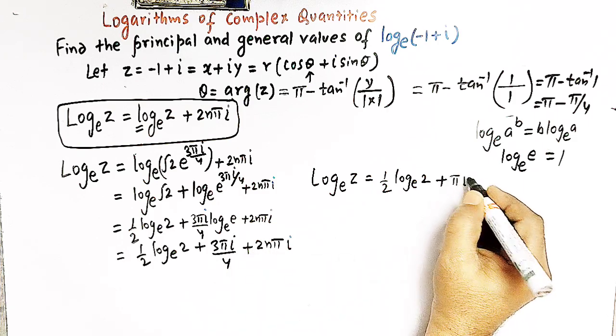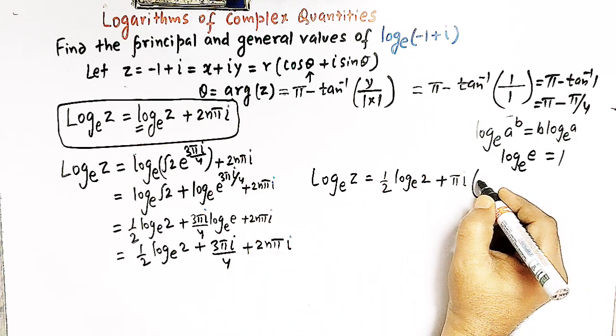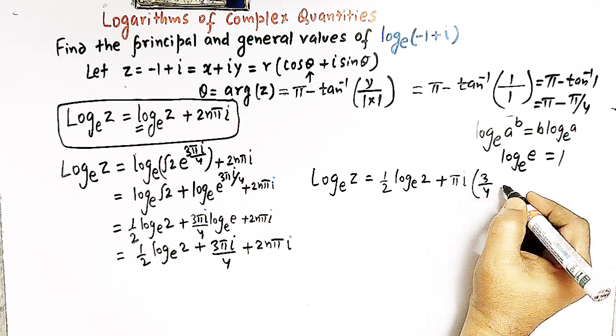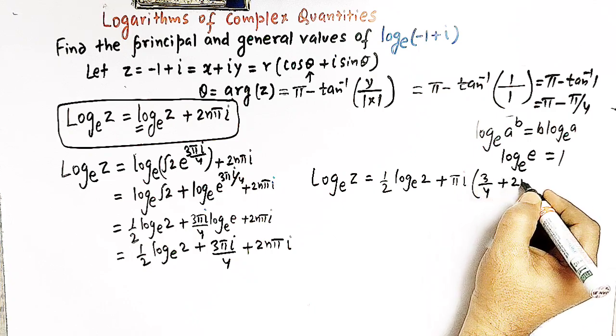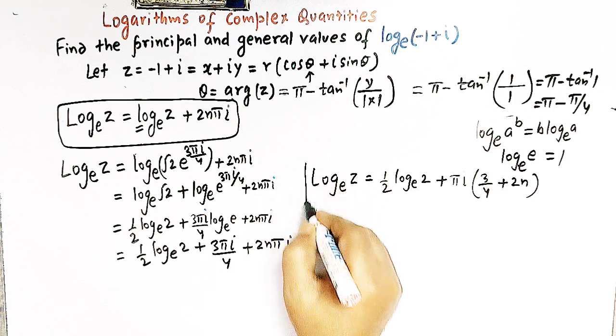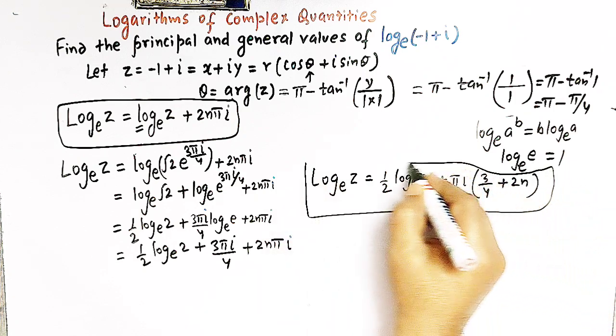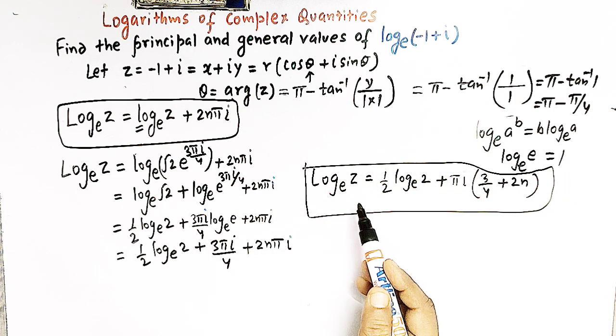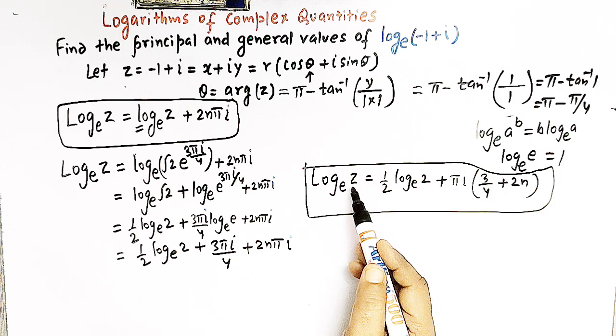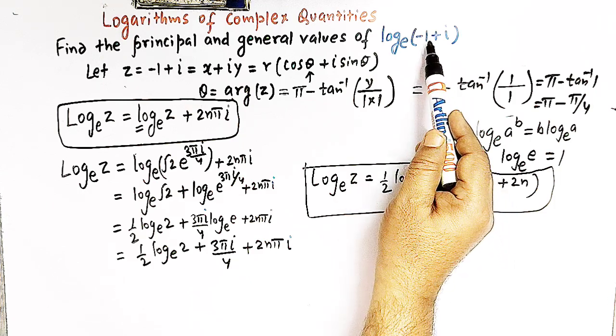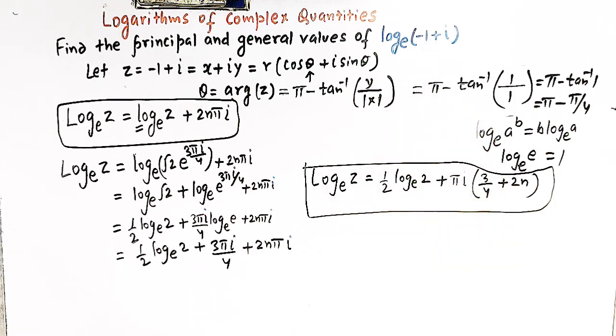So we have pi I times 3 over 4 plus 2n, right? So this expression gives us the general value of the logarithm of this complex number, that is minus 1 plus iota.